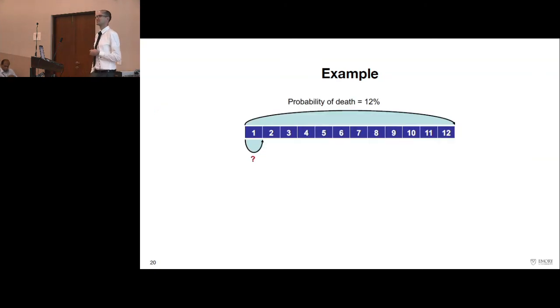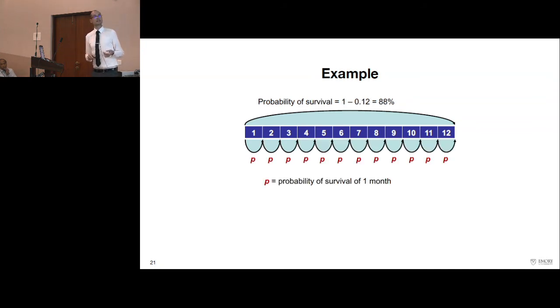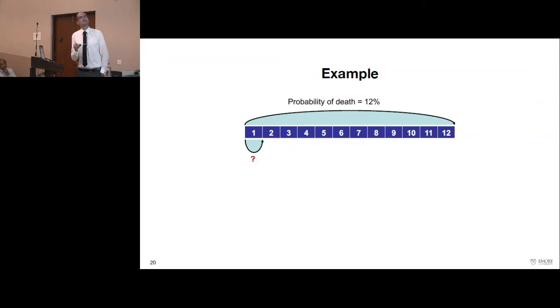So how I would go about this, it's easier to flip it. If there is a given probability of death in a year, 12%, that means that there's the complement, the opposite, 88% of not dying within a year. So the probability of death within a year is 12%.